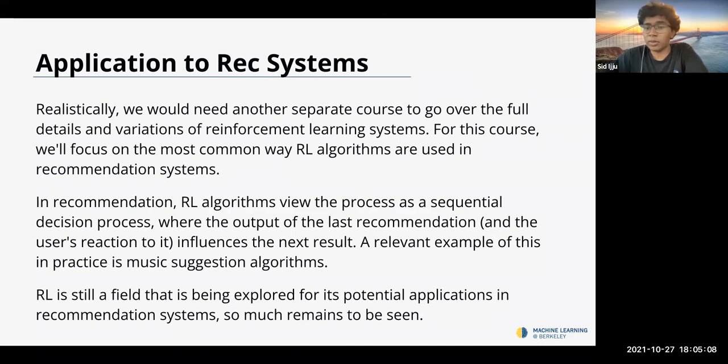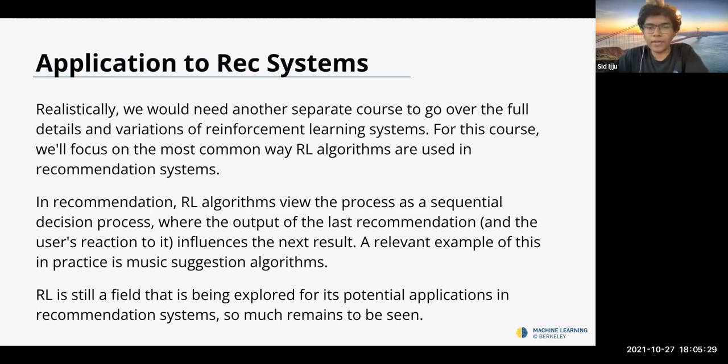So it could recommend something from a similar band or the same album, things like that. That's how RL algorithms could be used in practice. However, it's still a field that is really being explored for its potential applications in recommendation systems, so a lot remains to be seen in terms of what is possible with RL.